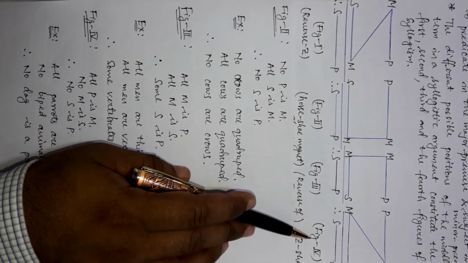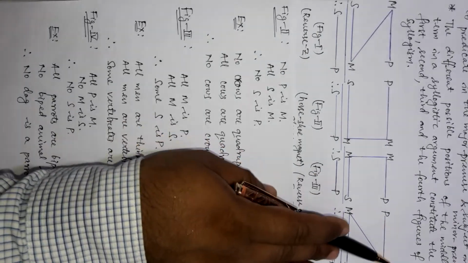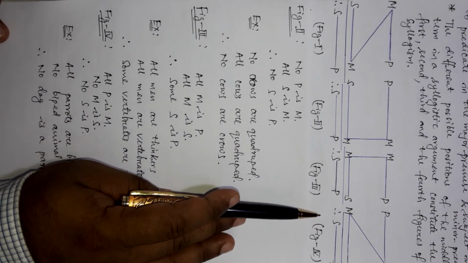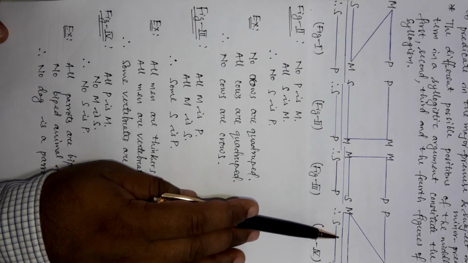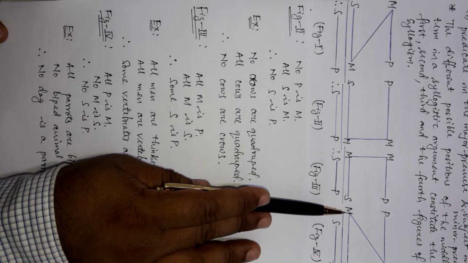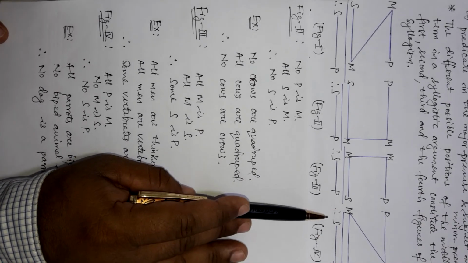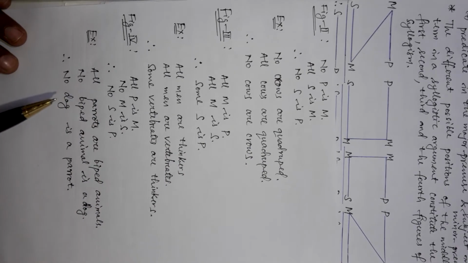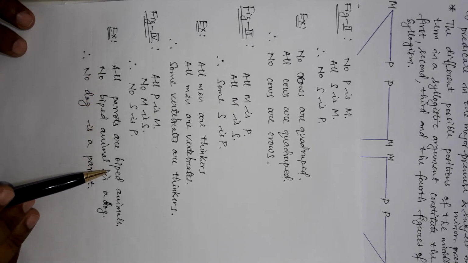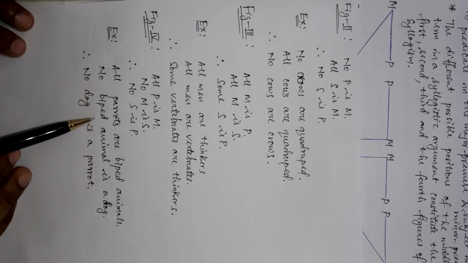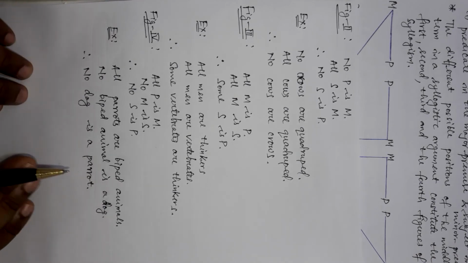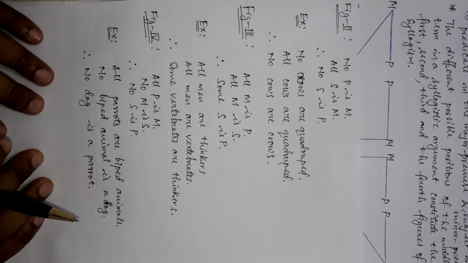It looks like the letter Z. The structure of figure 4 is: all P is M, no M is S, therefore no S is P. One example of this type is: all parrots are biped animals, no biped animal is a dog, therefore no dog is a parrot. This is just one example of figure 4.